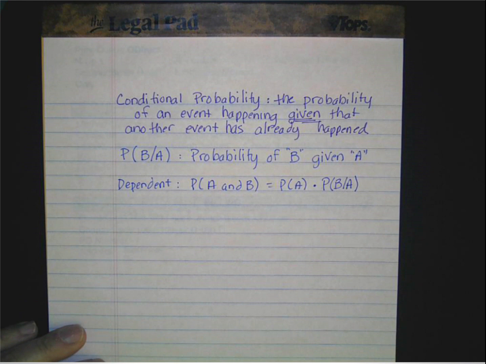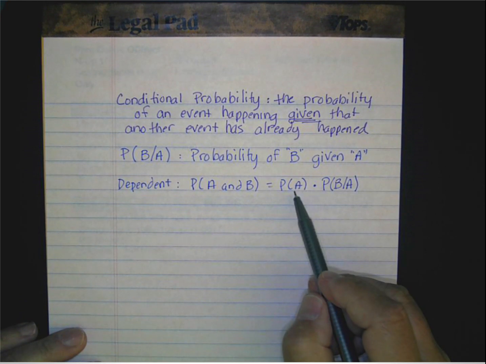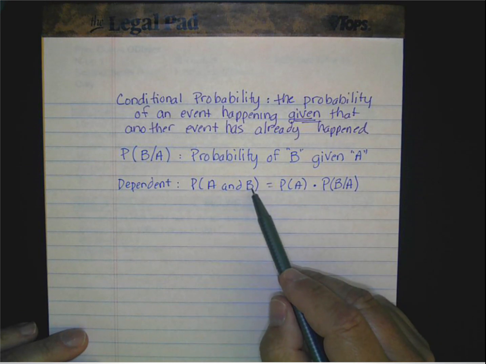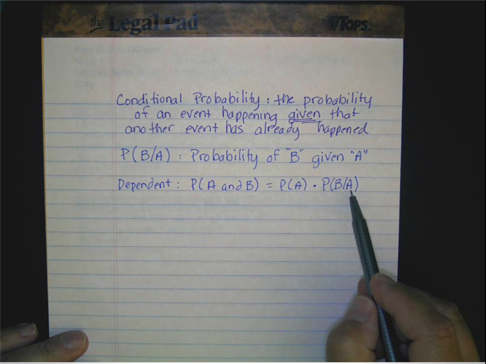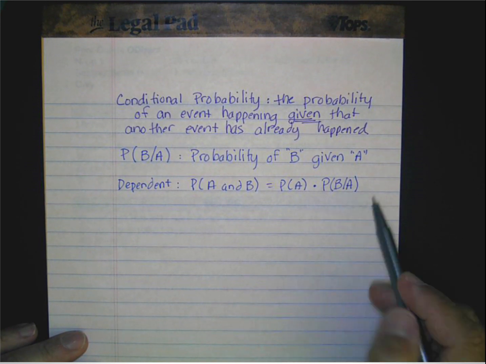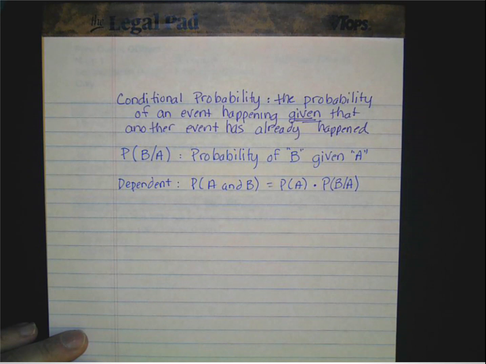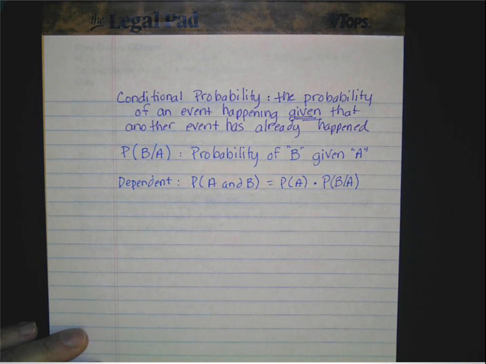So that's what we did on those cards. I took the probability of getting a 3, which was 4 out of 52, and then I wanted the probability of getting a queen given that I already got the 3, and that's why we subtracted 1 from the total, because we're assuming we got that. That's dependent probability given a condition.